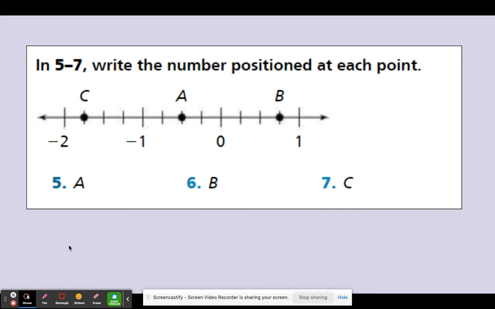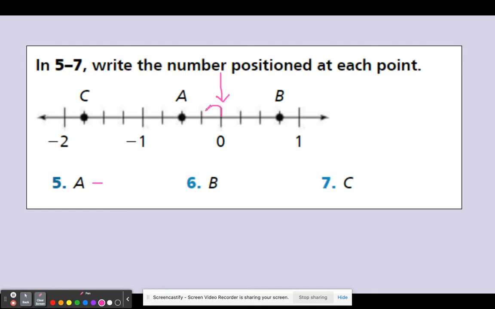The last skill you have to have is when you look at a number line and they've already plotted it for you. Your job is to decide the exact location. So they want me to find the location of A. All right, well, here's A. You're going to start at 0. This is always my starting point. To get to A, I went backwards. So if I'm going backwards, is that positive or negative? It's negative. I don't go past any whole numbers, and so I'm just going to count the spaces.